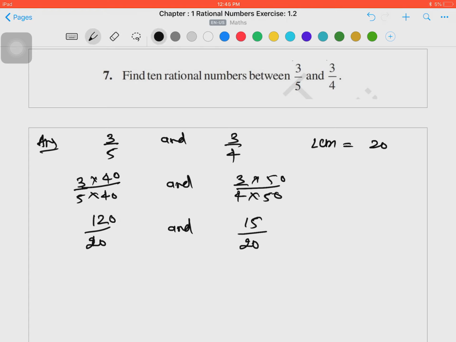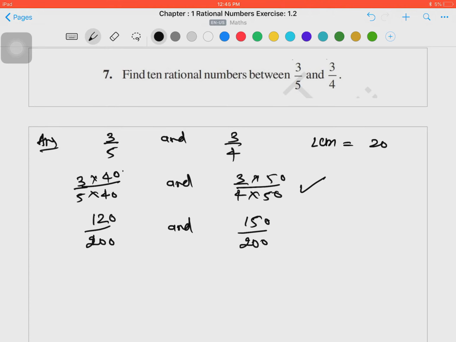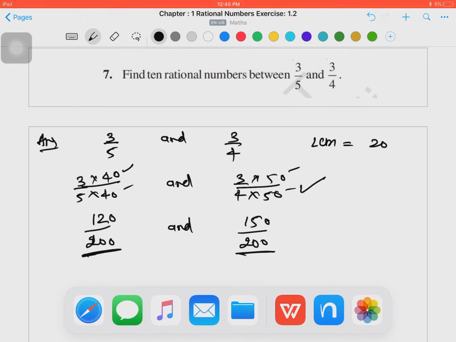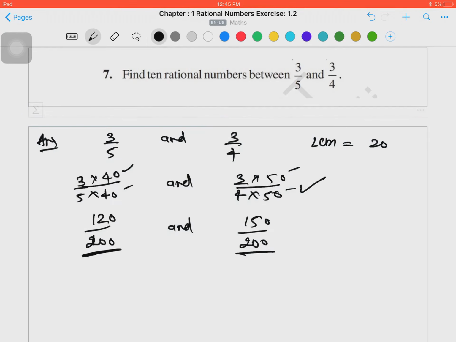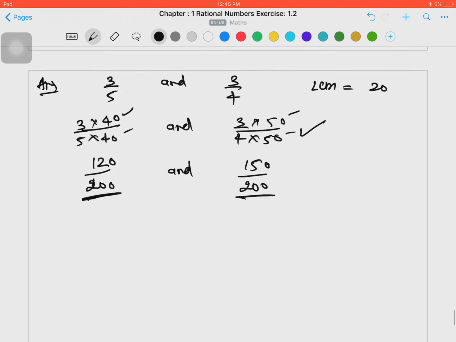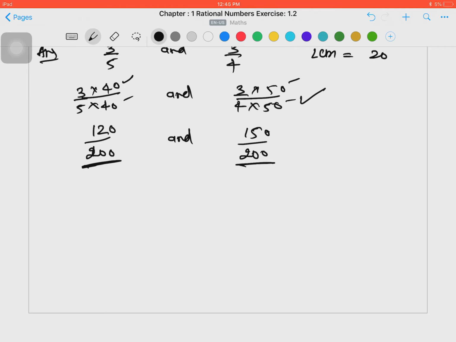So number that we'll get is 120 by 200 and 150 by 200. Okay, what I have done here is instead of again multiplying by 10, I already multiplied that here by 40 and here by 50, so that the denominator is again same, 200 and 200, and number says 150 and 120. Okay, now you can easily write 10 rational numbers between these two.